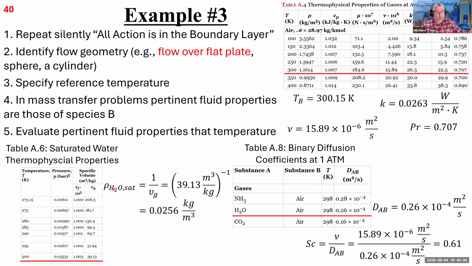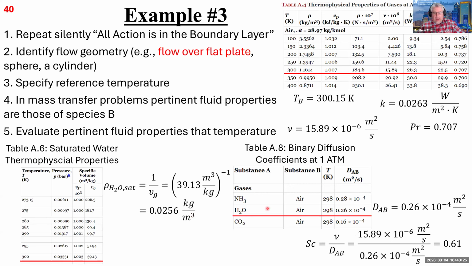That's just 1 over the density. So I'm going to take 1 over 39.13, and that gives me 0.256 kilograms per cubic meter. That's now the species concentration, with units of density, in the air once the air gets saturated.